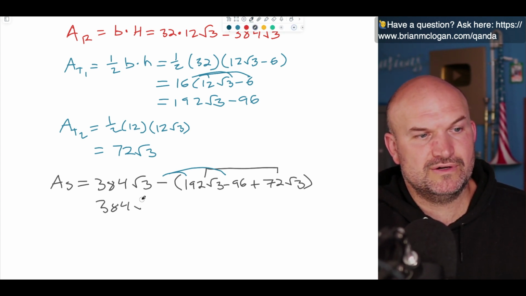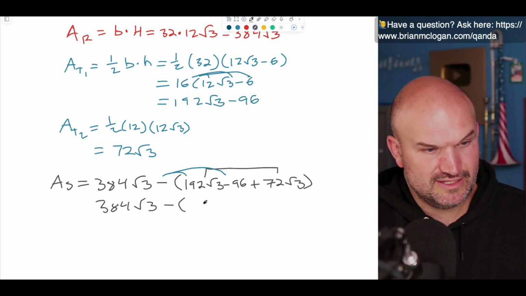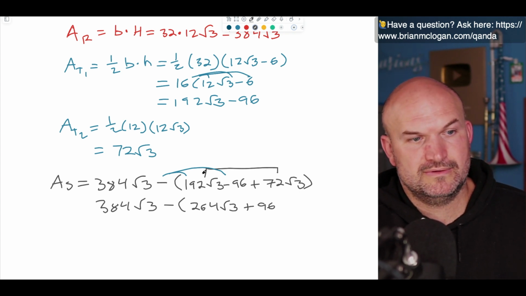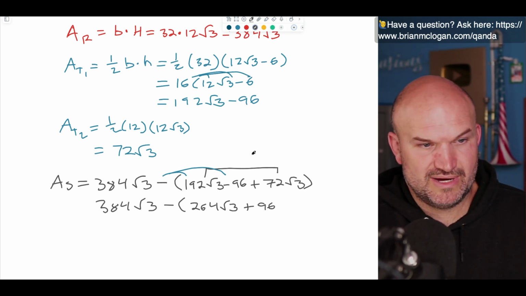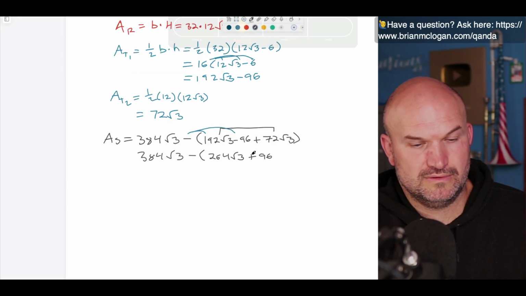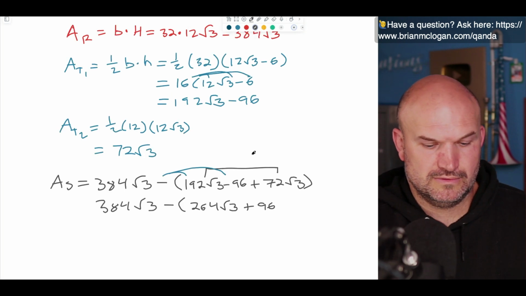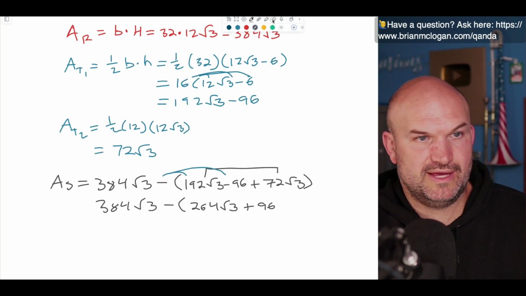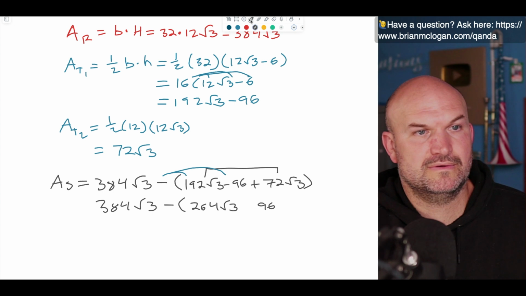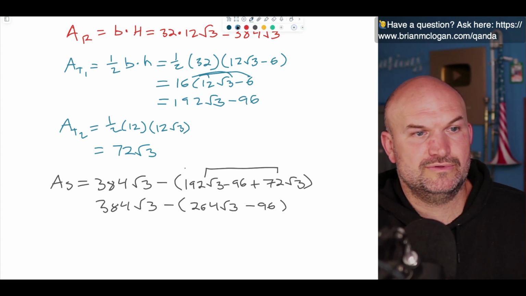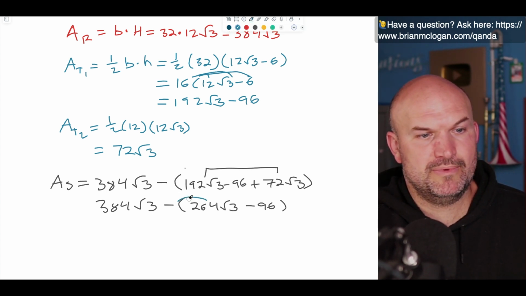So 384 square root of 3 minus 264 square root of 3, minus 96. Now you can see, and now I'll go ahead and distribute that correctly.